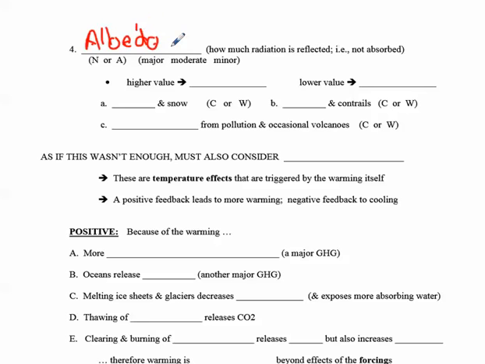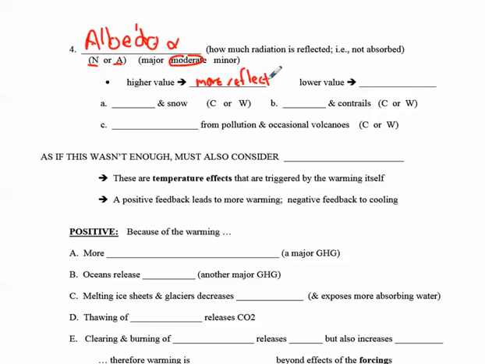Albedo, given the symbol alpha, is basically a measure of how much radiation from the sun is reflected, in other words, not absorbed by the Earth. We can affect it, and it's also natural. It is a moderate to major influence. Simply put, higher albedo means more reflection of the sunlight.